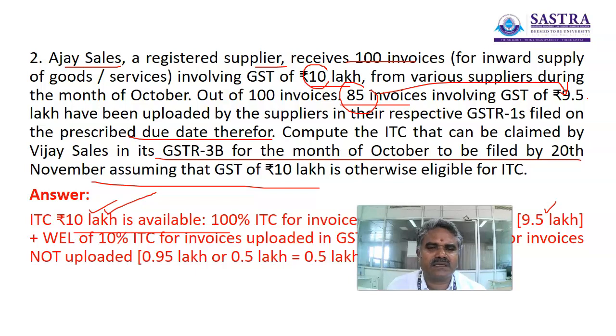Total ITC is 10 lakh, 9.5 lakh already claimed, so 0.5, whichever is lower is 10%. So 0.5 plus 9.5, 10 lakh is eligible. So he is eligible to claim all, because the rule says this.